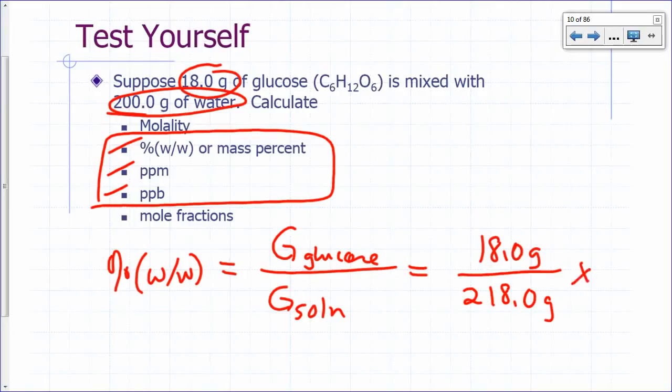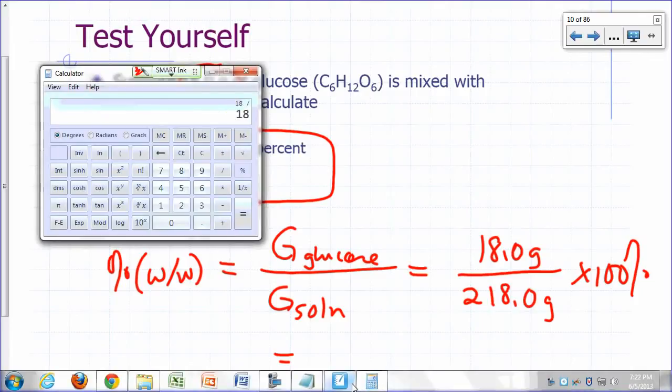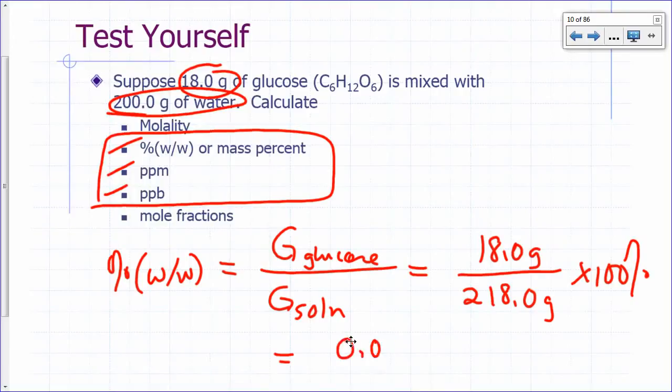And multiply that by 100%. So that gives you 18 divided by 218.0, which is 0.08257, times 100%.